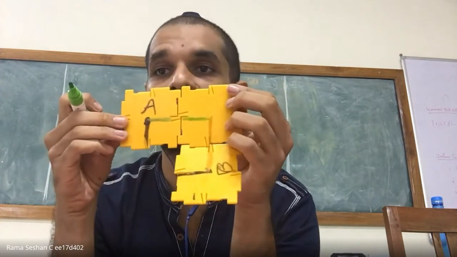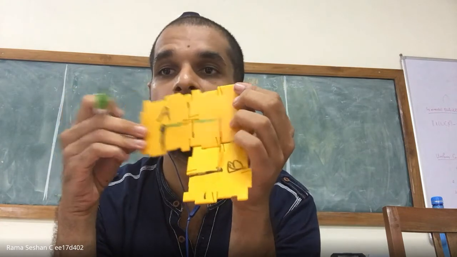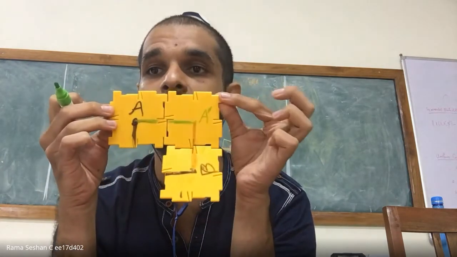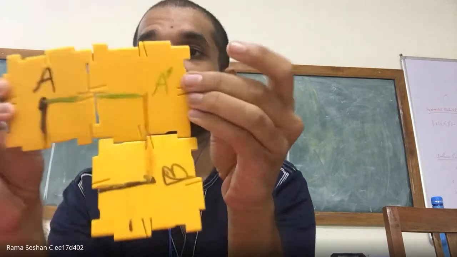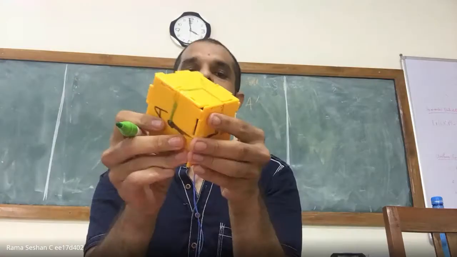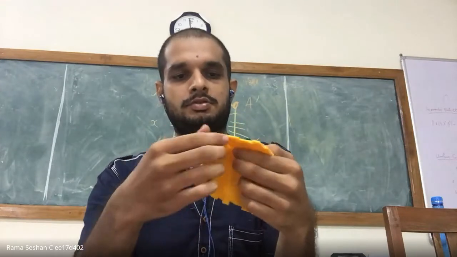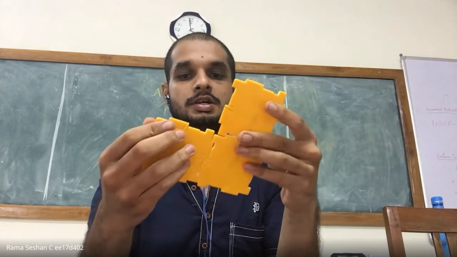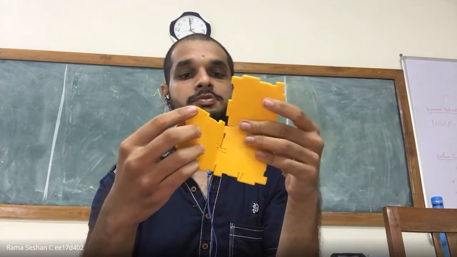So the ant moves for some length from A to A dash. Can you see A dash? Yes. And ant B now moves from B to B dash.